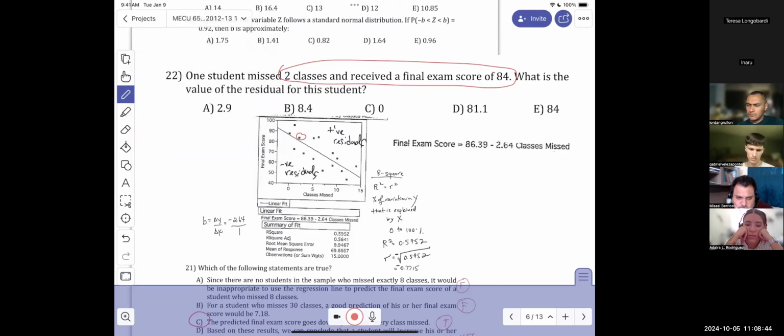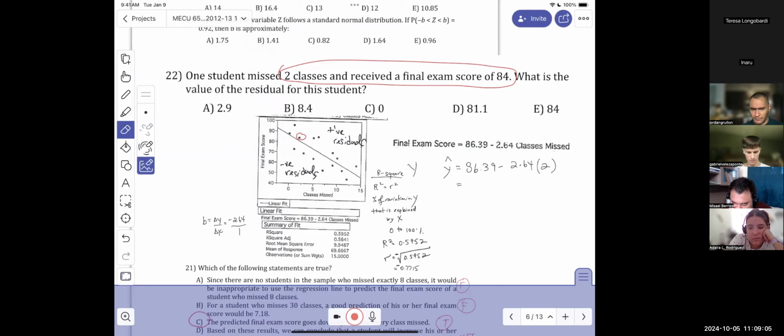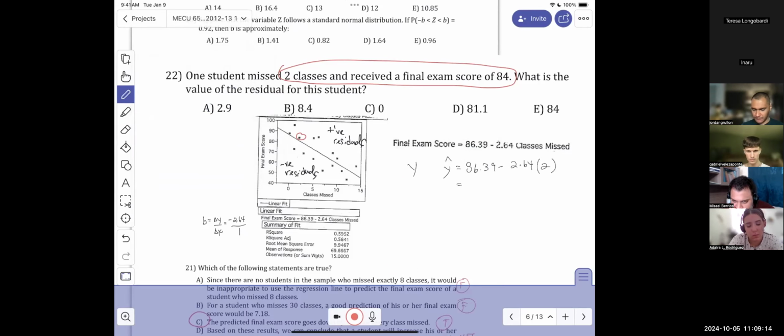What we're going to predict is the effect of 2 missed classes, right? This is the predicted value. I'm going to erase this calculation here. Get that out of the way. So this I'm going to call Y predicted, or I'm going to use a hat. So 86.39 minus, now you multiply that by 2, and that's going to be like this. Is that right?